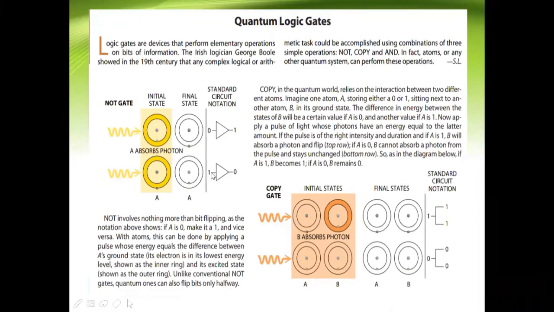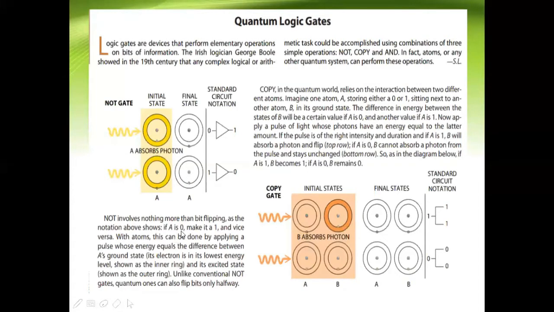Now it is in the one position, and it goes to the zero position. So 0 to 1 is one alternative, and the other is 1 to 0. This NOT gate involves nothing more than bit flipping, 0 to 1 and 1 to 0, as the notation in the figure shows.